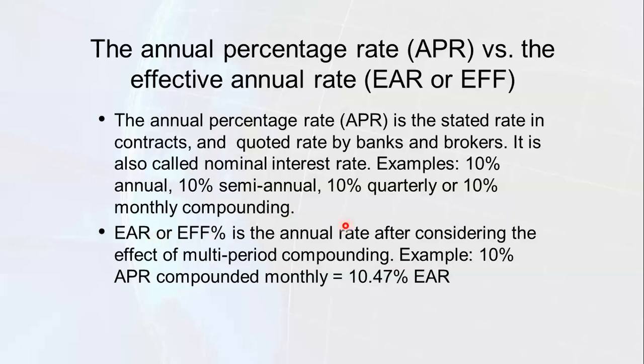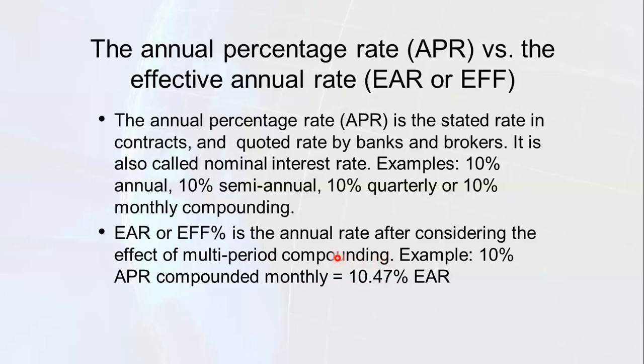Okay, so we need to know how to convert this APR to effective annual rate. So what is the effective annual rate? The effective annual rate can be denoted as EAR or EFF. Okay, so effective annual rate is the rate after considering the effect of multi-period compounding.